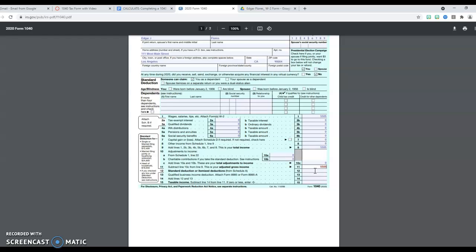Okay, number 12. Standard deduction or itemized deductions.